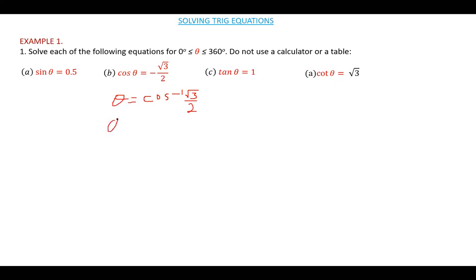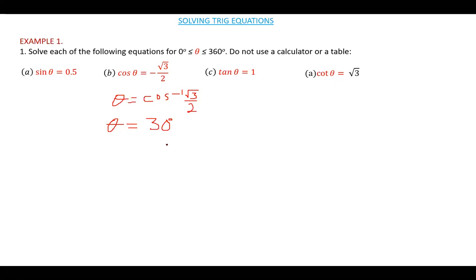So cos inverse of root 3 over 2, you get your answer to be, it should be 60. Yeah, cos inverse of root 3 over 2 is, no, it's 30. Cos inverse of root 3 over 2 gives 30. So this is 30 degrees.